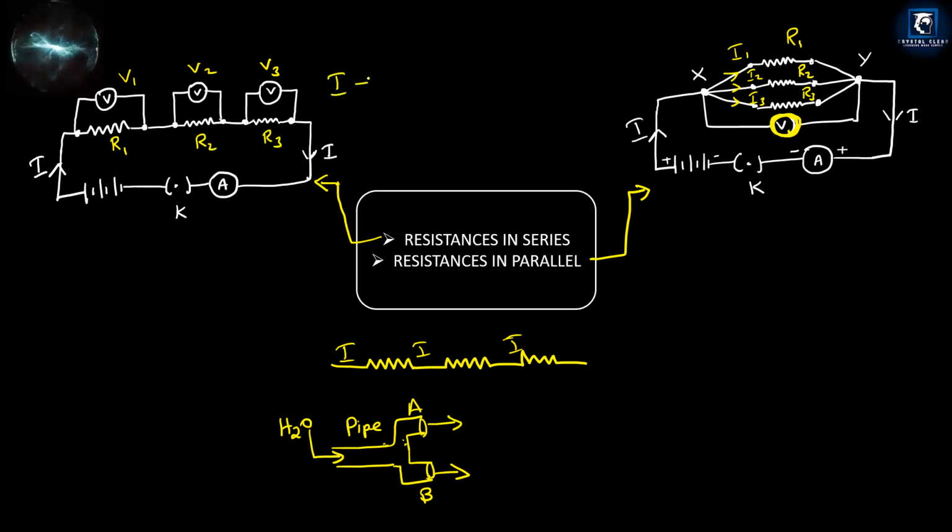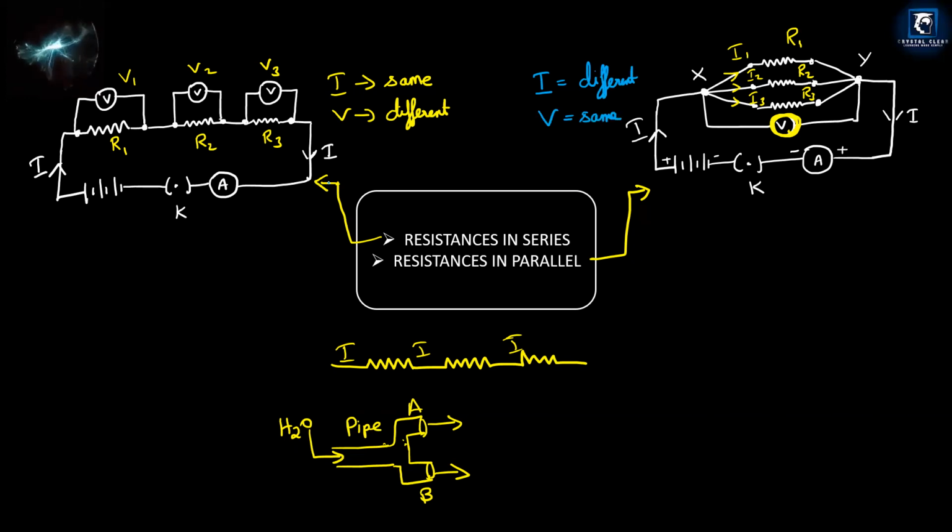So I'll write I same, which is current, voltage different. Whereas here, the current is different, whereas voltage is same, for resistors in parallel. And this is resistors in series.